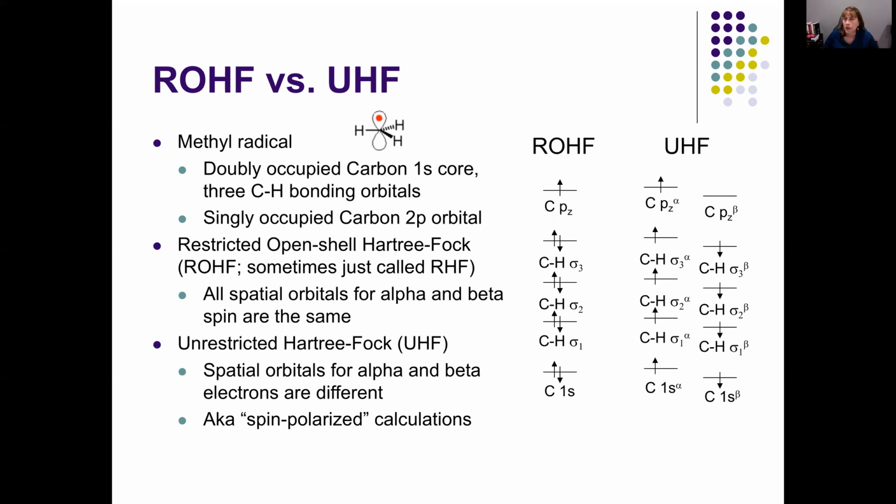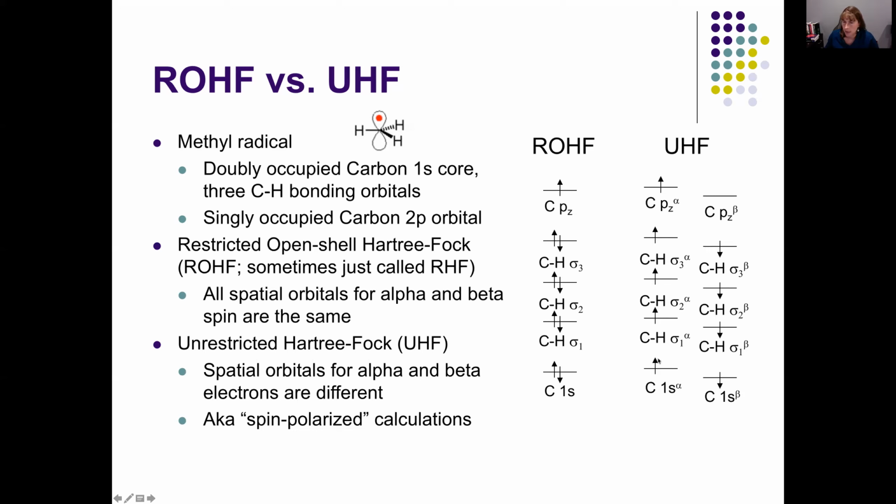Now, on the other hand, an unrestricted Hartree-Fock, which is often also called a spin polarized calculation, breaks the restriction that the alpha and the beta electrons, the up and down spin electrons, have to be in the same orbital. It allows these orbitals to vary, so their energies can be different as well as their coefficients. And so now we have alpha orbitals and beta orbitals.